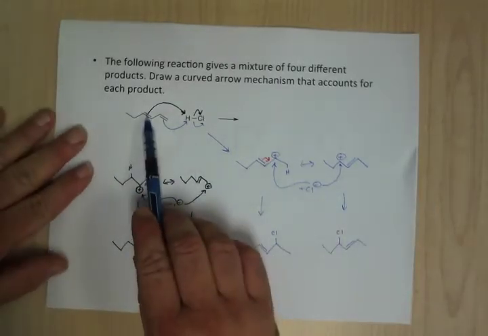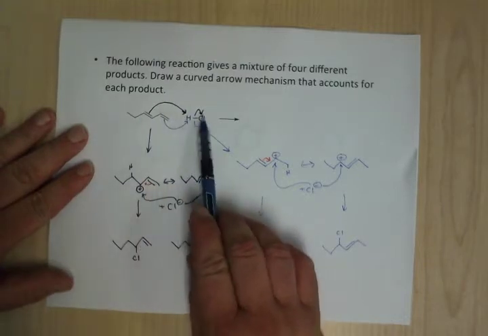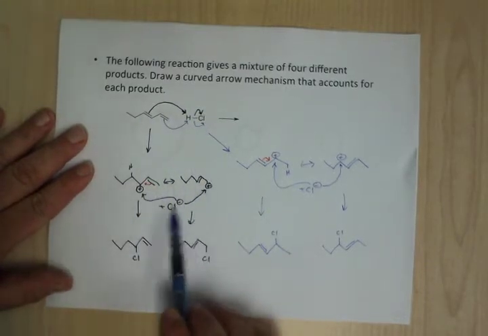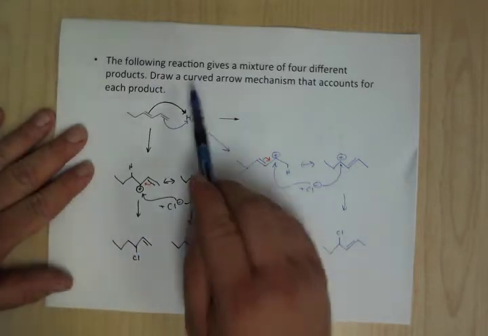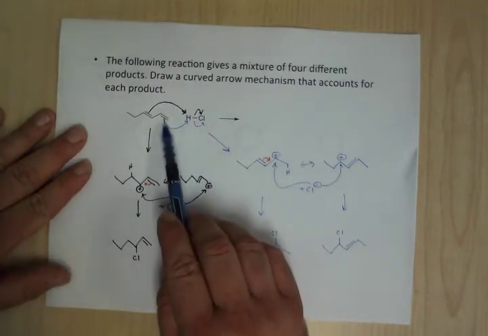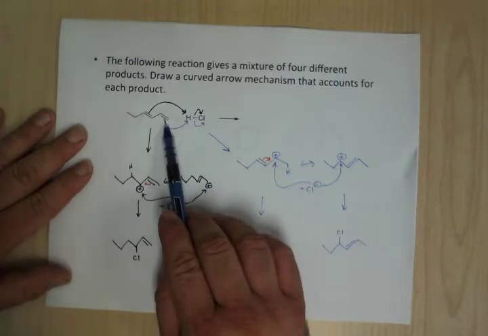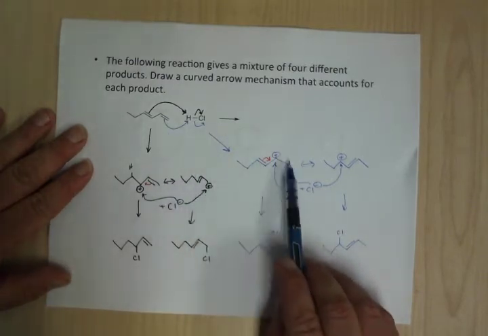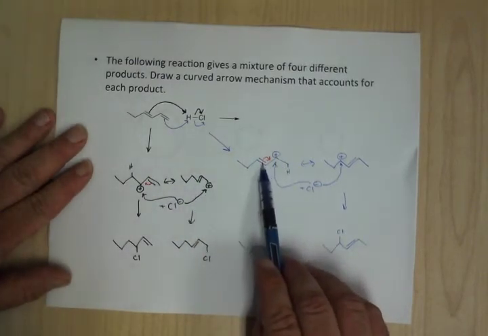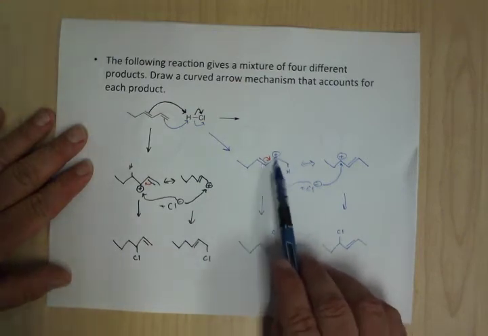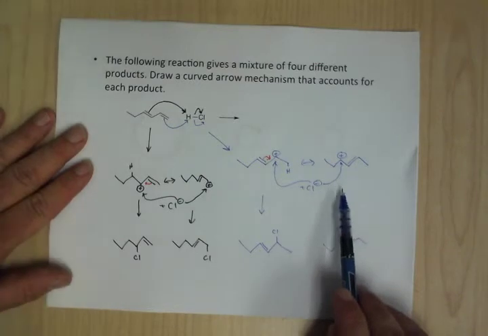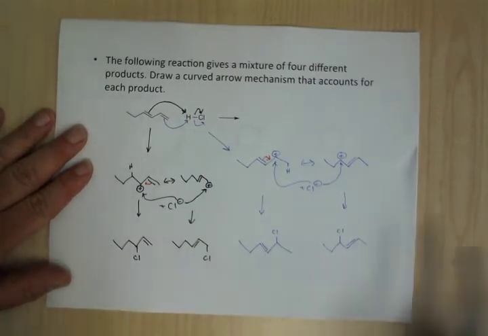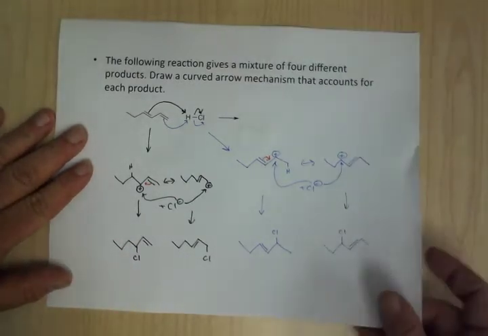You take one of the double bonds, attack, keep the hydrogen away, do the resonance structure, and have the chlorine attack each resonance structure. Then you start over from the other double bond and do the same thing. You want the carbocation next to the other double bond, do the resonance structures, and have the chlorine attack either resonance structure. So here are your four structures.